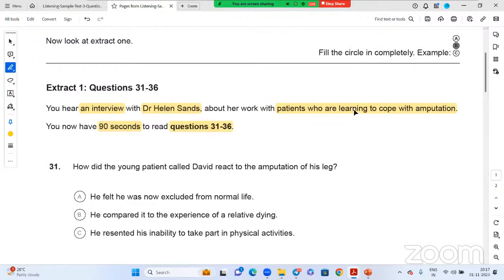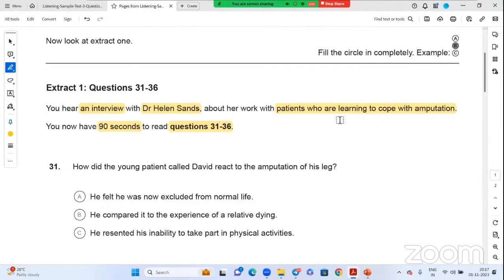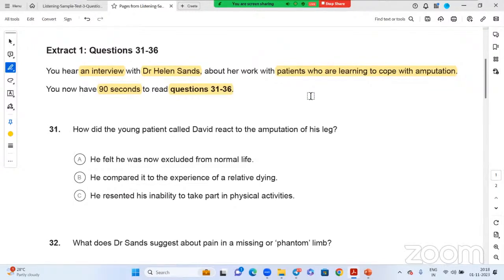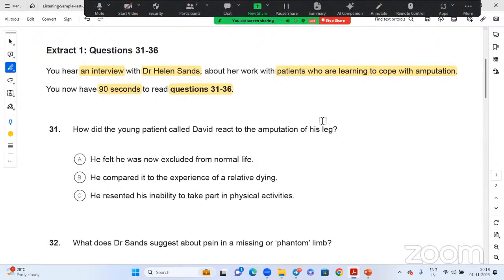And the questions are 31 to 36. Now, let us go through these questions. This is the first question, 31.